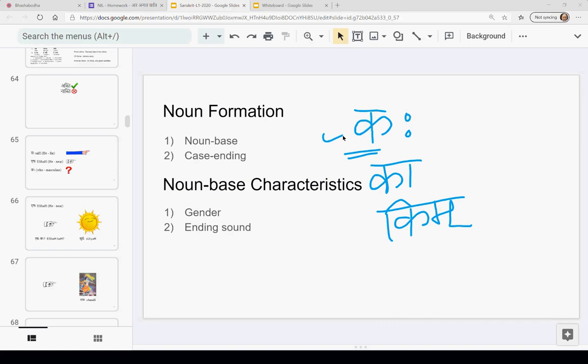For example, kaha balakaha means which boy. Then ka balika, which girl. So here we are saying which or what. Ka balika asti. Which girl is there? Kaha balakaha asti. Kaha parvata asti.